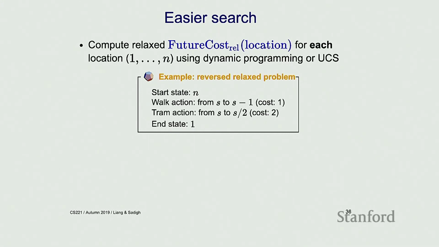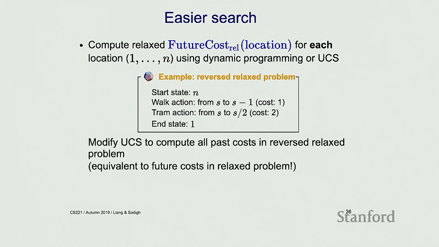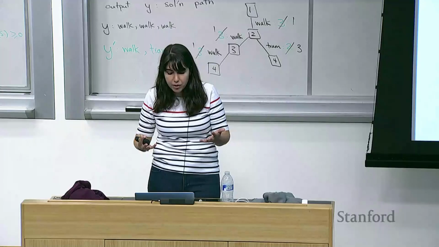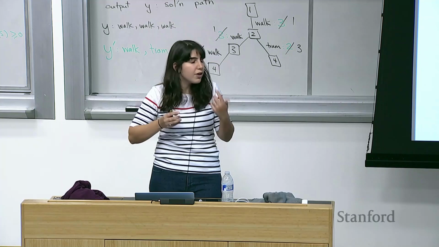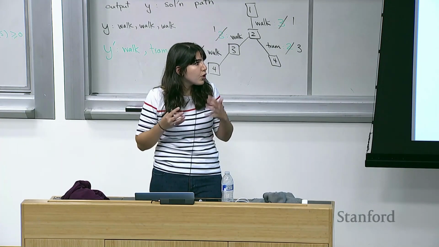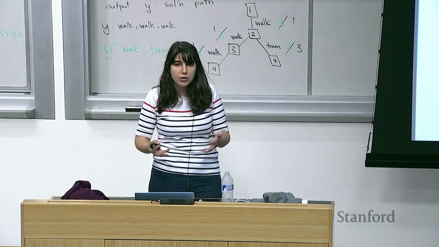There are some engineering things that you might need to do here. So here we are looking for future costs. If you plan to use uniform cost search, for whatever reason, like maybe dynamic programming doesn't work in this setting, you need to make a few engineering changes to make it work. Because if you remember, uniform cost search only works on past costs, it doesn't work on future costs.